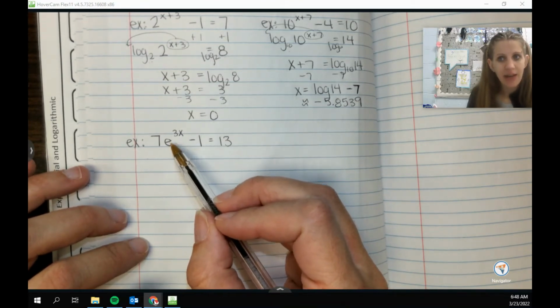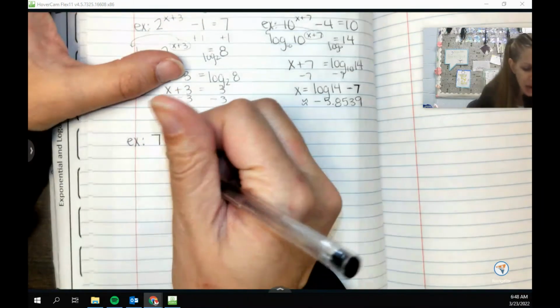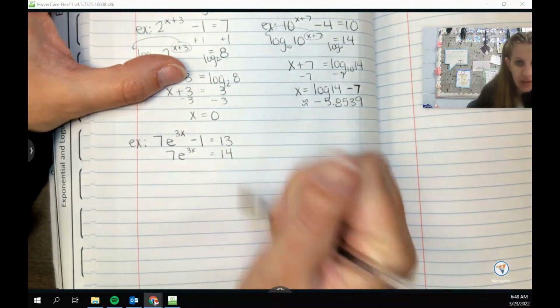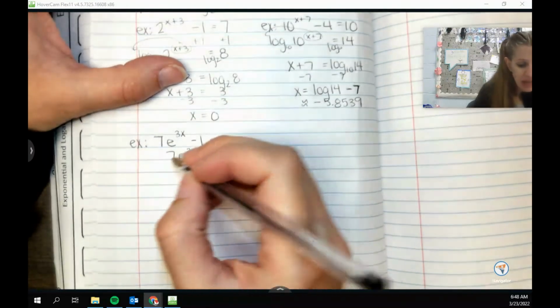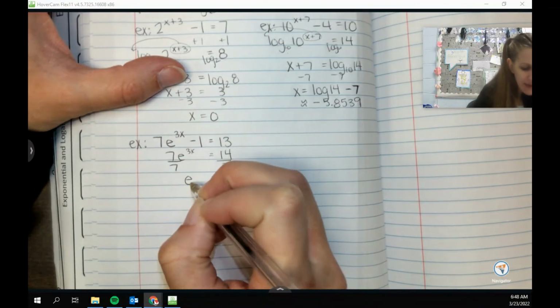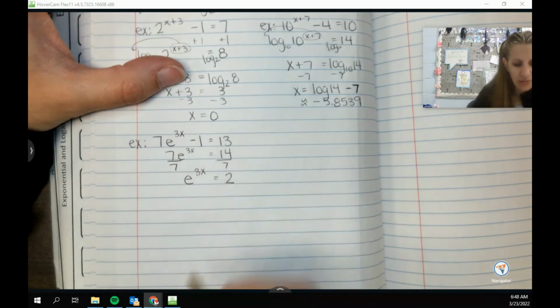So I need to get rid of the negative 1 and also the 7. Okay, so we're going to add our 1 for 14. Then we will divide our 7 away on both sides so that we have e to the 3x power all by itself equals 2.